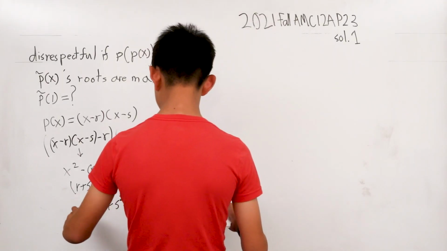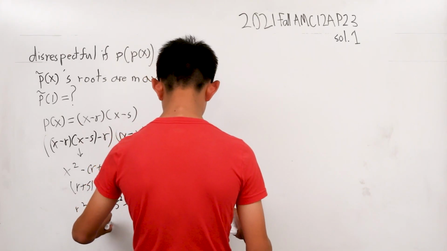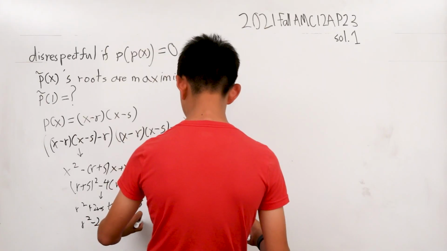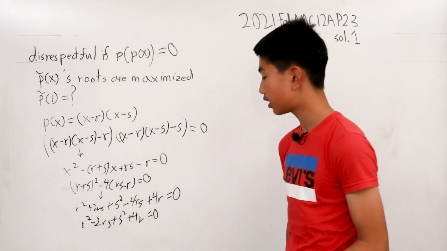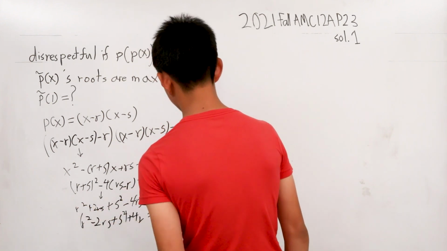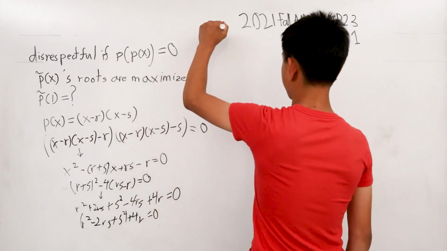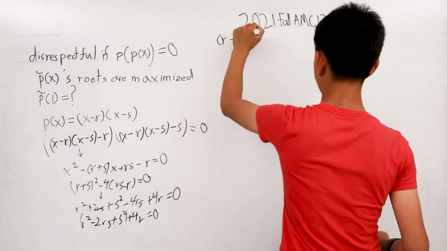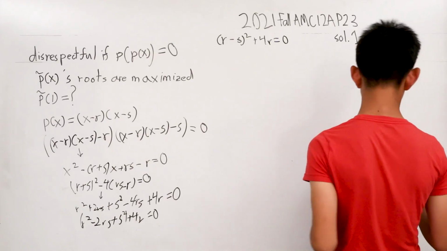This can simply become r squared minus 2rs plus s squared plus 4r is equal to 0. Now, we can see here that these two independent variables, r and s, can be factored into a square. This factors into r minus s squared plus 4r equals 0.